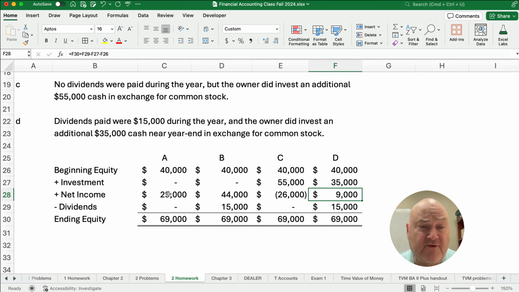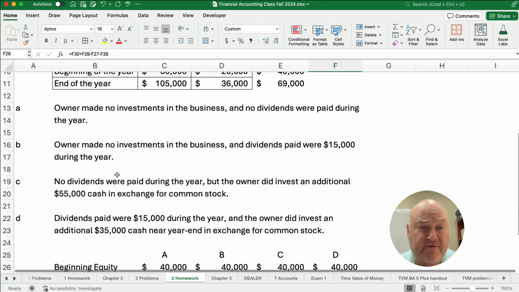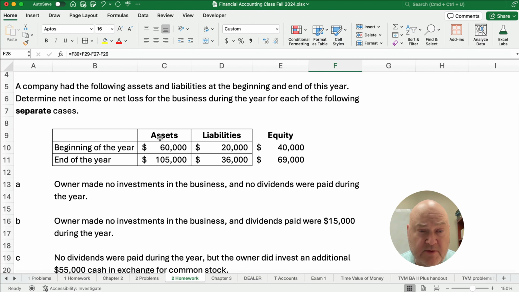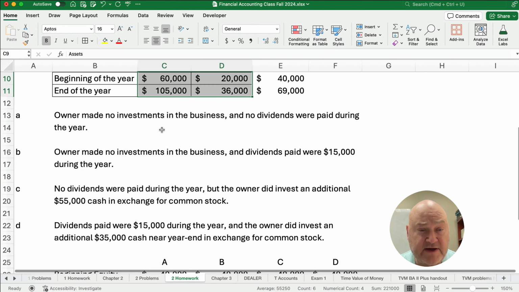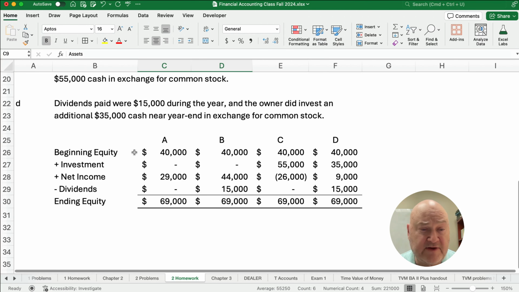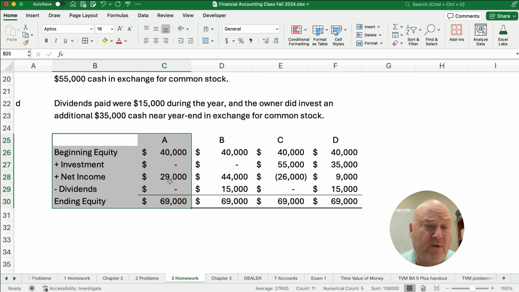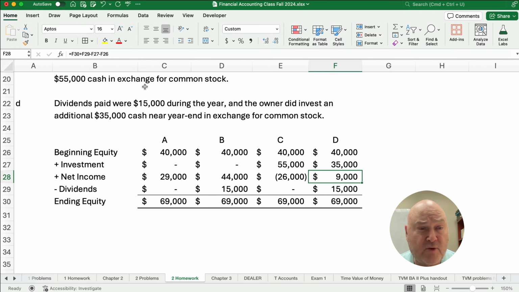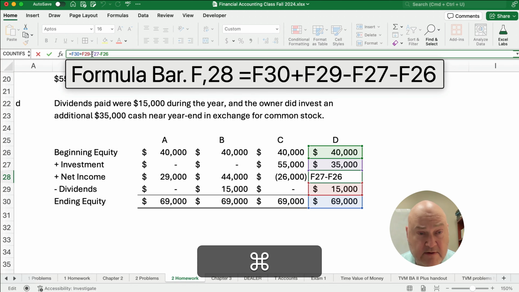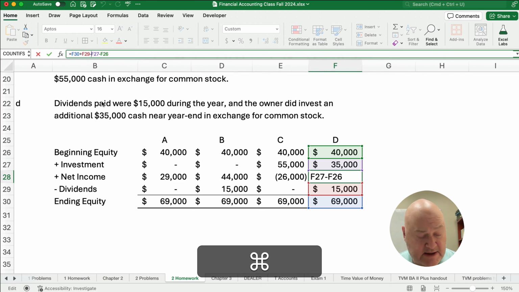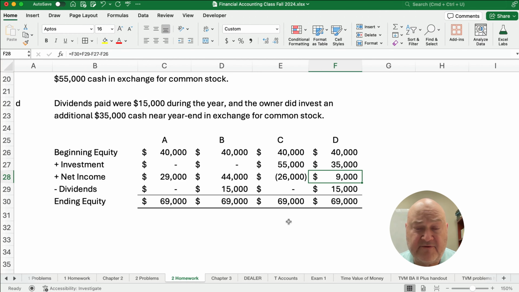So here's how to solve this: we have beginning and ending assets and liabilities, and we have different investments and dividends. But you see this one problem, we did this formula one time and copied it across. This formula works for column D. It says we're taking the 69 plus the 15 minus the 35 minus the 40, and we end up with our net income of 9,000.